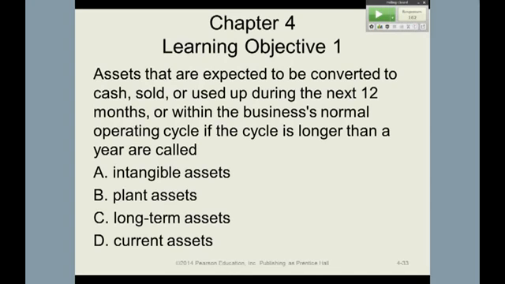So the next question says, assets that are expected to be converted into cash, sold, or consumed within 1 year or operating cycle, whichever is longer, is a current asset. I'm not going to ask you that question because I just gave you the explanation before. Okay. Let's do one more, at least.